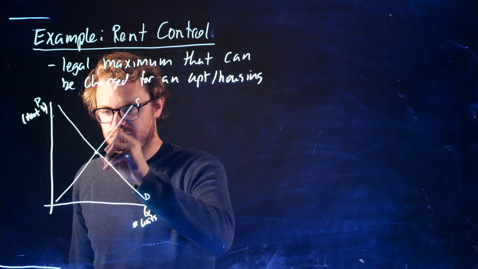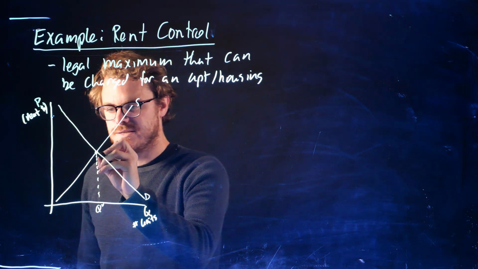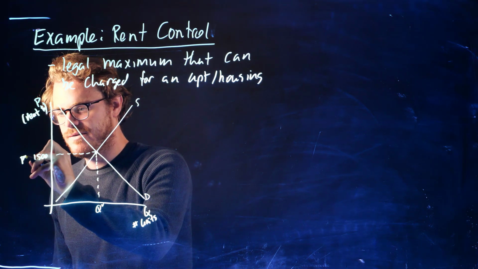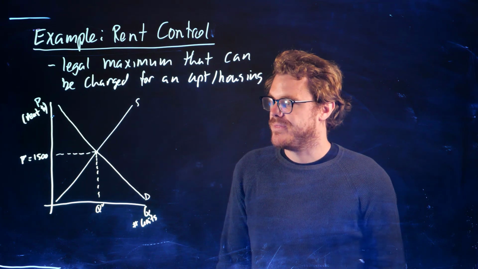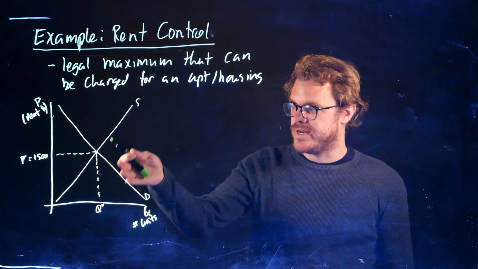So let's say without government involvement, there's Q-star units, and they're charging, let's just make a nice even number, $1,500 for rent a month. And let's say that's how much a 1-bedroom would be charged for without any government intervention.